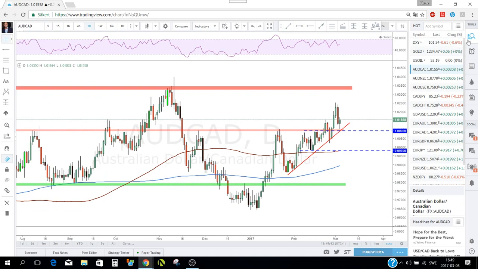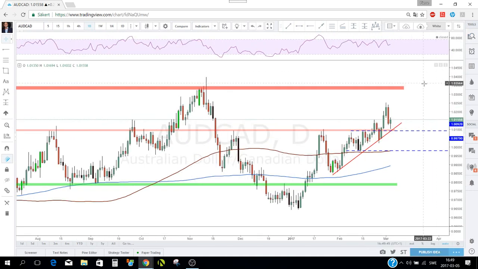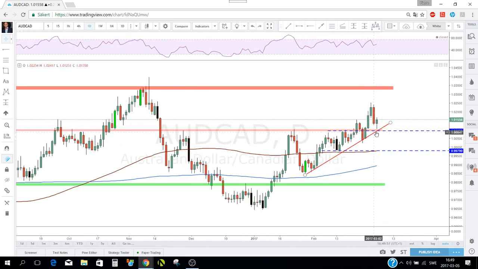Aussie CAD, same scenario as Aussie New Zealand. We broke for new highs on the daily, as you see here. This trend line is still holding, 1, 2, 3, 4, 5 touches now. Price went back down, found support at this level here, and headed up again.